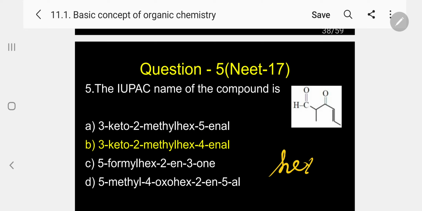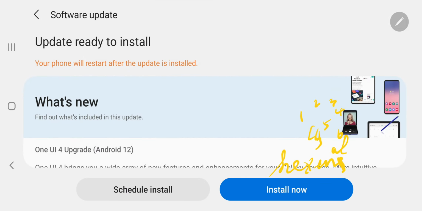Then the terminal suffix is CHO, so I am removing E and adding AL for the corresponding aldehyde. Numbering I have to start from here: 1, 2, 3, 4, 5 and 6. So automatically in the 2 position there is a methyl group, and in the 3rd position there is a keto group. Kindly follow.